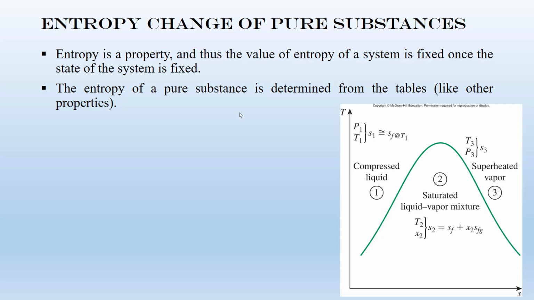The second method is from the tables. If you have the table, you can simply calculate the delta S. How? You can use the same concept, the same equation that you already used to calculate delta H and delta U in chapters 2, 3, 4, and 5.